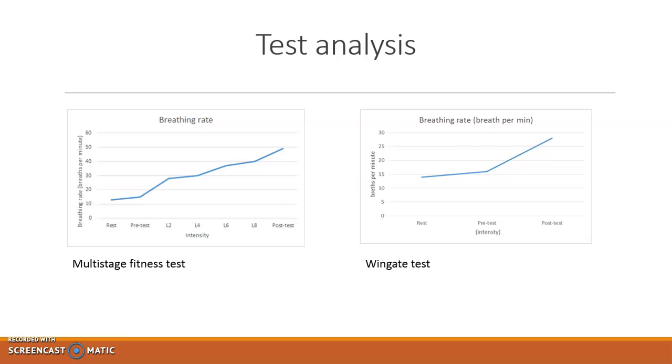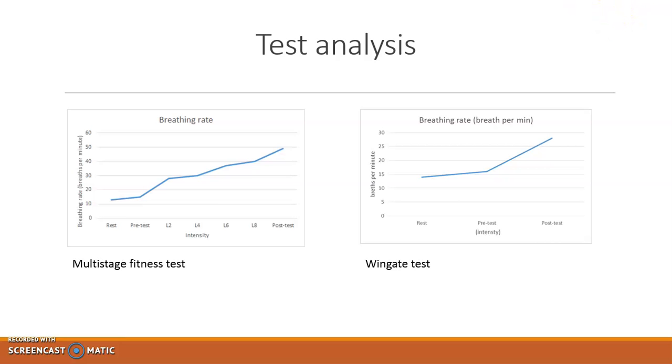We can estimate then that ventilation is 98 liters per minute at the end of the high intensity period. So again, we can see the difference between a resting 7 liters per minute ventilation and the maximal 98 liters per minute ventilation caused by the demand for oxygen.